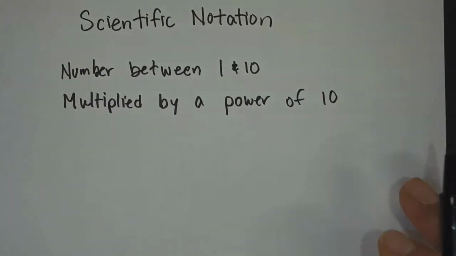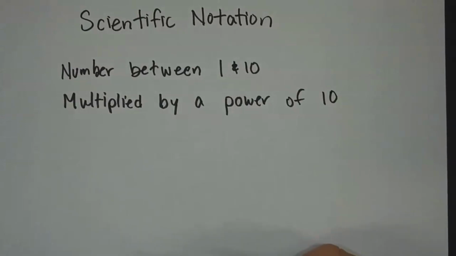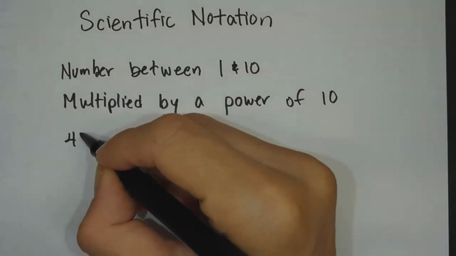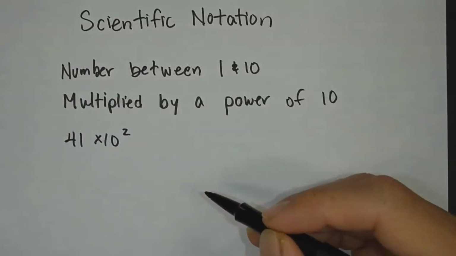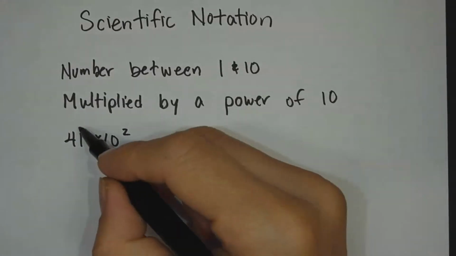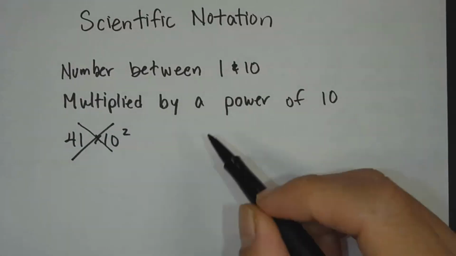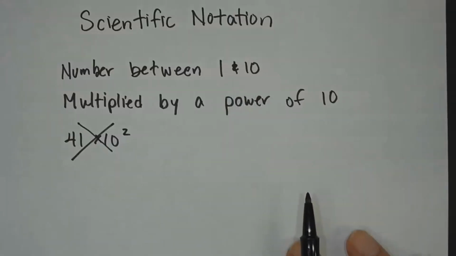Okay, so an example of a number that is not in scientific notation would be 41 times 10 to the second. So this is not in scientific notation, because the 41 is not between 1 and 10.